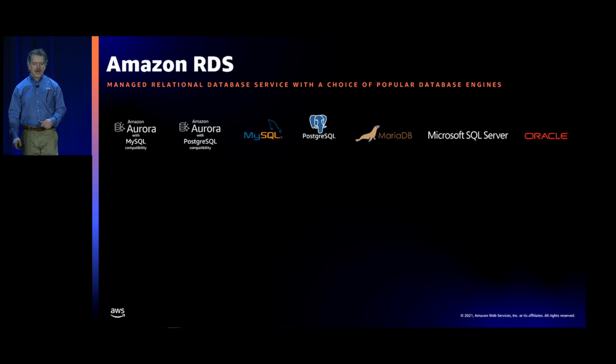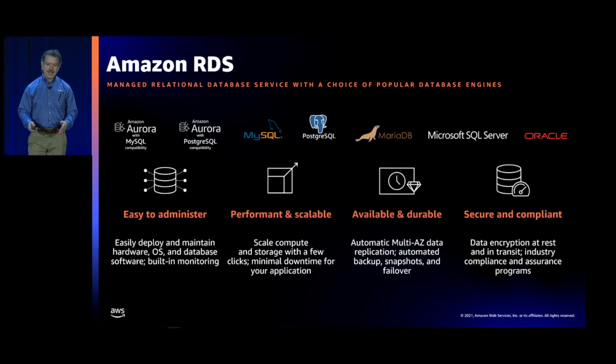Okay, so first, let's level set. We always have to do this. Some of you probably are already familiar with RDS and Aurora, but just in case some of you aren't, we're going to tell you a little bit about what it is. RDS and Aurora are what we call managed database services. In essence, these are services that automatically manage and take care of all the mundane day-to-day tasks for you.